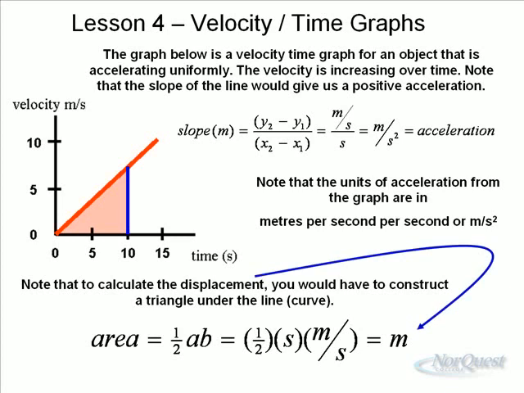In order to calculate the displacement, you would construct a triangle under the curve and you would get the units meters, which would be good. Now, if we substituted numbers in there, we would get the proper mathematical answer. What is the displacement of this particular object after 10 seconds?